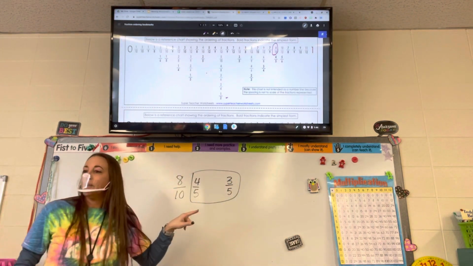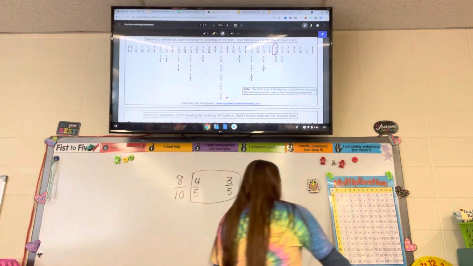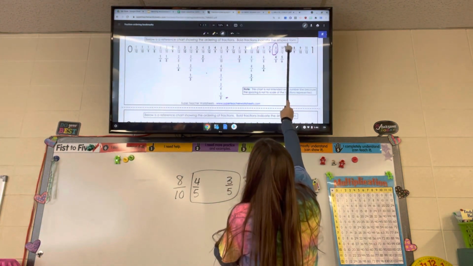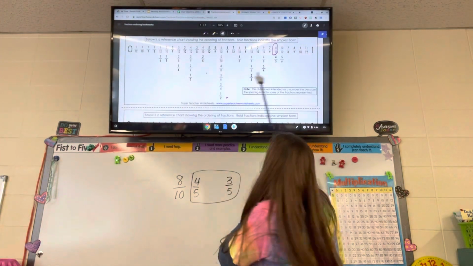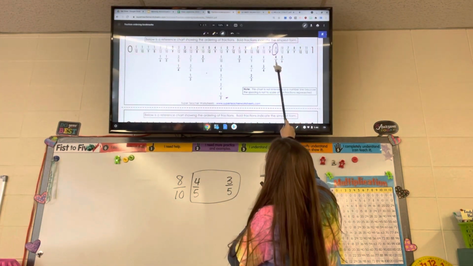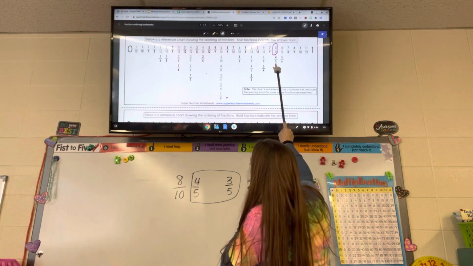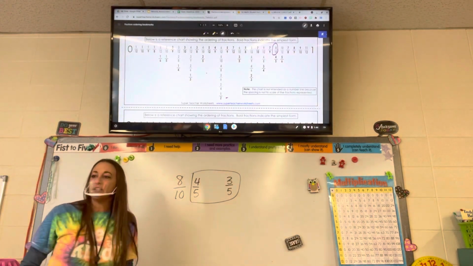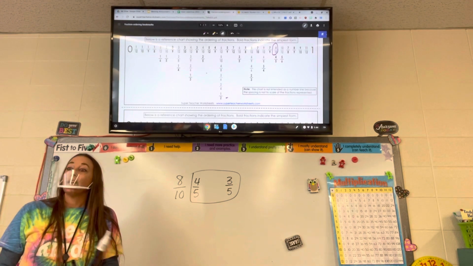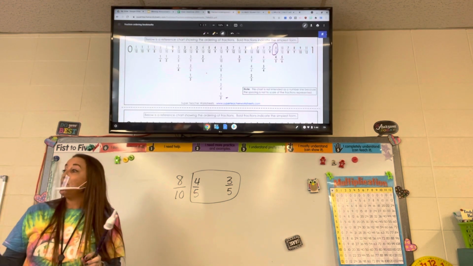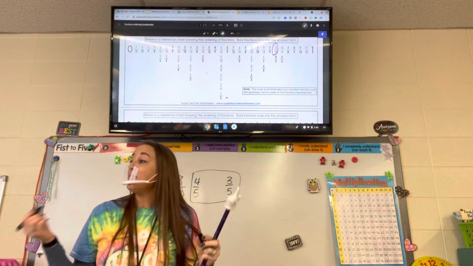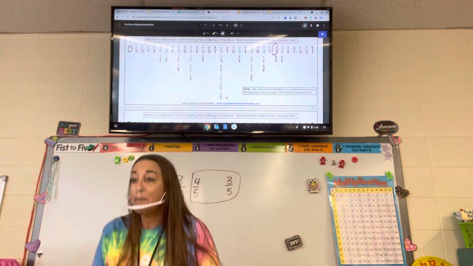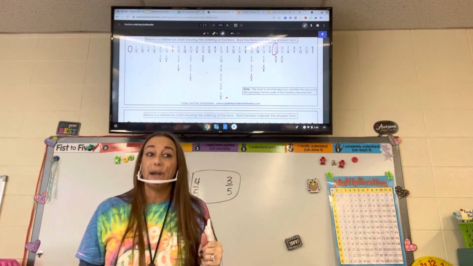Simplest form for 8/10. You guys remember at the beginning I told you that bold fractions mean it's the simplest form, right? So 8/10 underneath it is its simplest form, which is 4/5. If I just gave you the fractions 4/5 and 3/5, could you tell which was bigger? Yes, 4/5. Normally we've only been multiplying to find common denominators and common numerators.